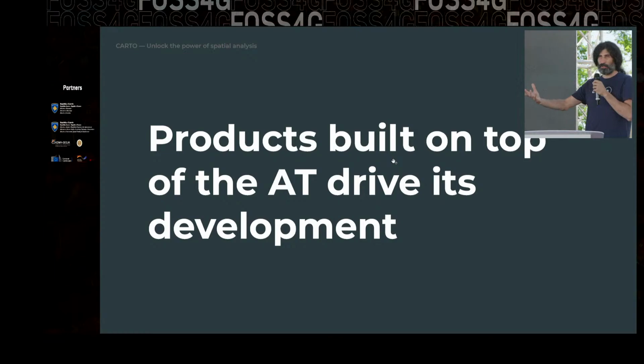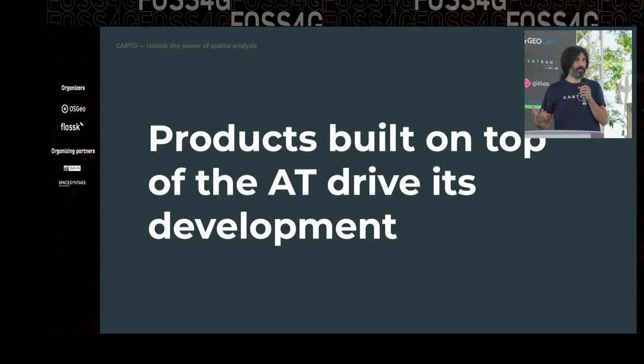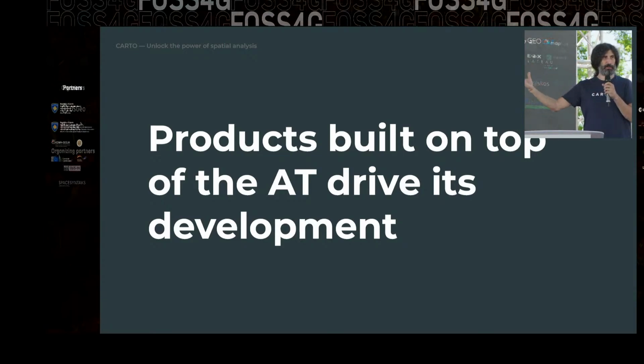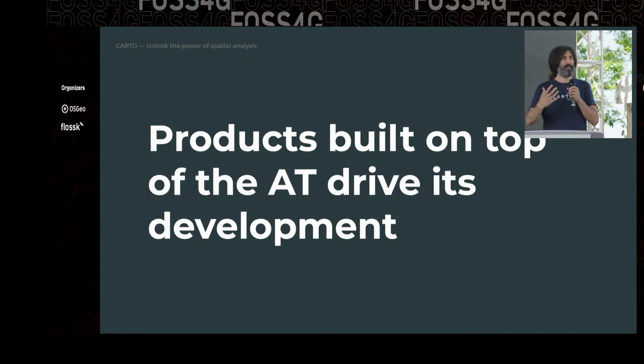These products also shape the analytics toolbox, right? So when we add new stuff into the analytics toolbox, we're not only thinking about how it can be called from the SQL console in BigQuery or Snowflake, we also think about how it is going to be used in something like the modeler. And these workflows in the Carto platform have a probably more GIS approach.